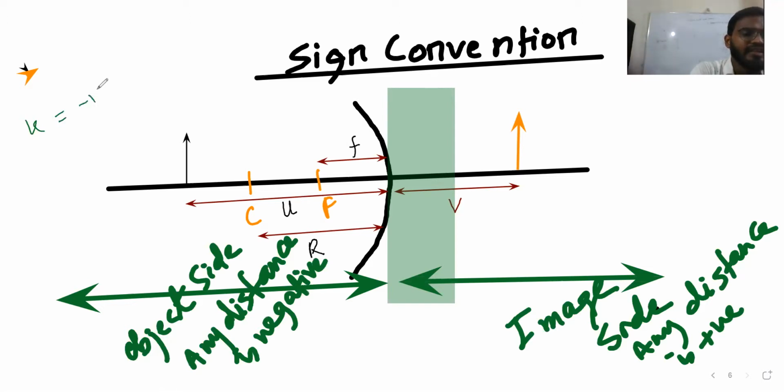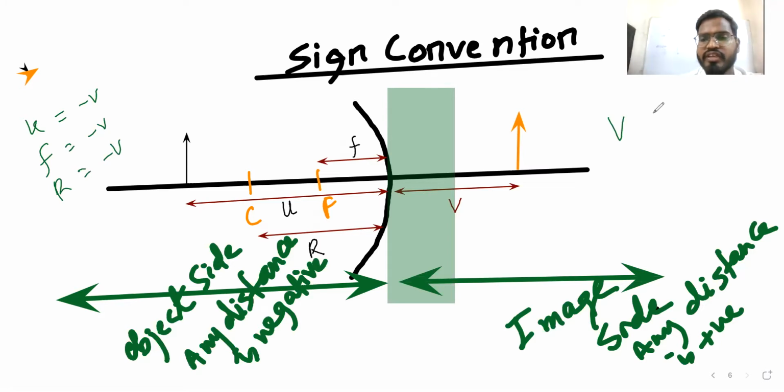So here, if you see specifically the distances given, u is going to be negative, f is going to be negative, r is going to be negative. Only one is different, that is v, which is going to be positive.